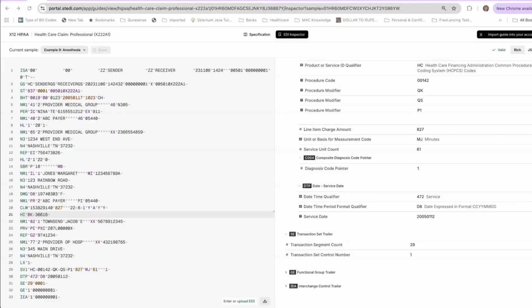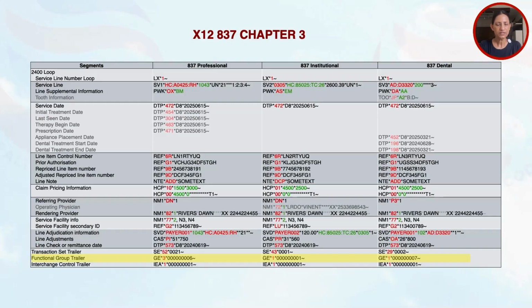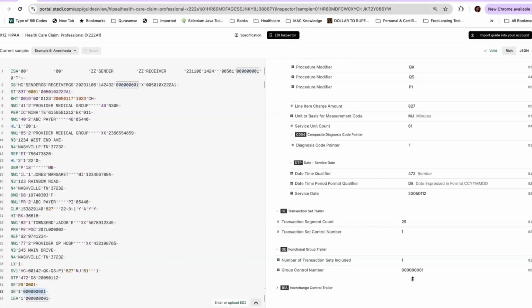Then the SE segment is the transaction trailer. This marks the close of the transaction set whose control number goes in SE02. SE01 has the total count of segments in this entire set. The GE segment is the trailer for the functional group that was started with the GS segment and whose control ID goes in GE02.